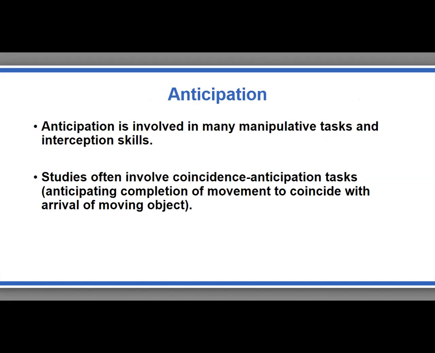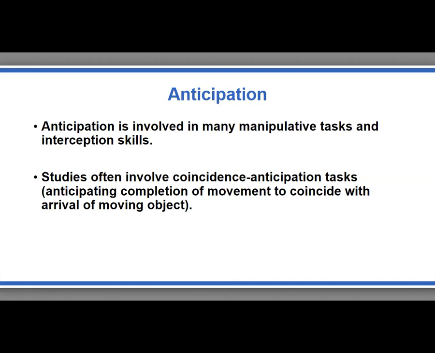Anticipation is involved in many manipulative tasks and in interception skills. Studies often involve coincidence anticipation tasks, anticipating completion of movement to coincide with the arrival of the moving object, right? So if you can anticipate and you anticipate correctly, you put yourself in a position for a higher percentage outcome of catching an object.